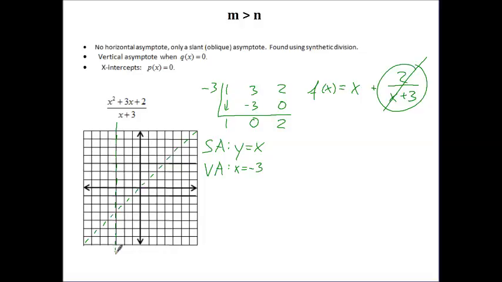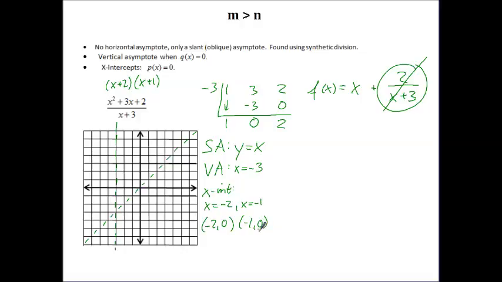And for x-intercepts, we need the numerator to turn to 0, but let's factor it again to see that more easily. And that is going to be x plus 2 times x plus 1. We do have, again, two x-intercepts. The two x-intercepts are at x is equal to negative 2 and x is equal to negative 1: negative 2, 0, negative 1, 0.